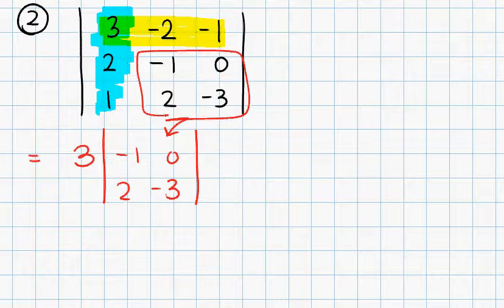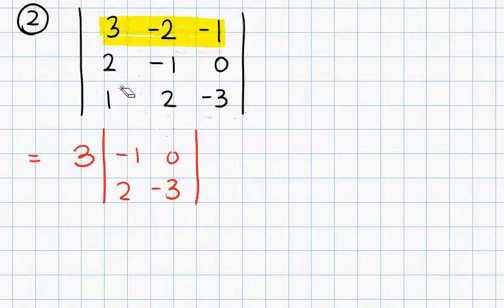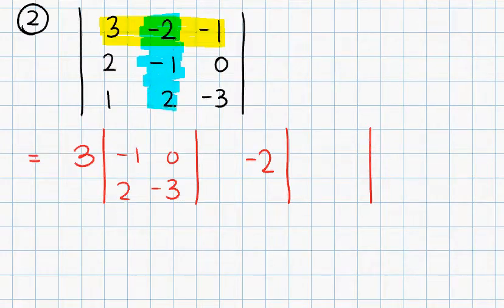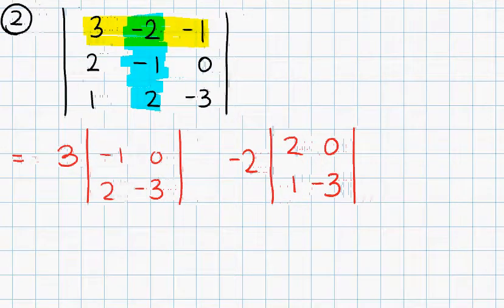And then we do it again. But this time, we're on our next number. So we have a -2, and you again ignore both the row and the column, and these numbers that are left go into the matrix. And we do it one more time.